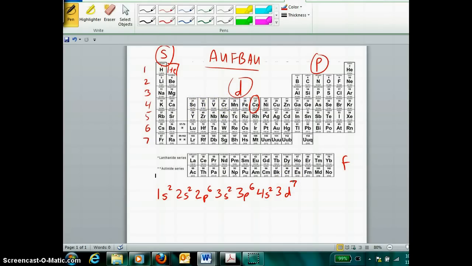Now, of course, we could use simpler notation, the core abbreviated method, to represent this as much shorter. And the way we play is we say, well, cobalt's atomic number 27, and the noble gas with the next lowest number is argon, 18. So I can save a lot of time by saying in square brackets the configuration of cobalt is the same as that of argon for the first 18 electrons.